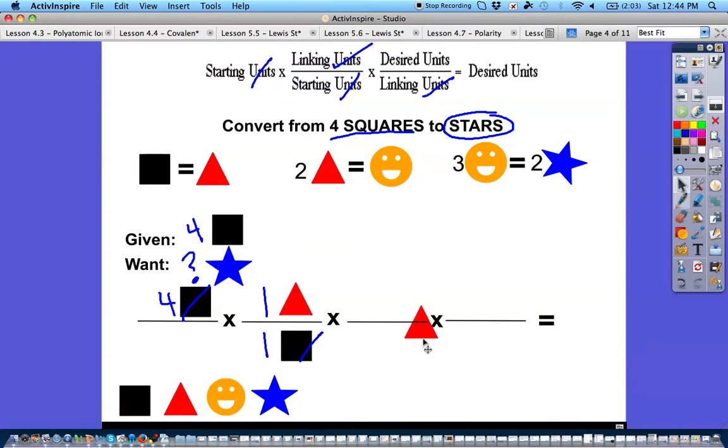So we're going to put triangles on the bottom here, and we're going to put our smiley faces on the top here. 2 triangles is equal to 1 smiley face. Well, our triangles are going to cancel, and we don't want smiley faces either, we want stars. But now we can go straight from smiley faces to stars. So 3 smiley faces are equal to 2 stars.